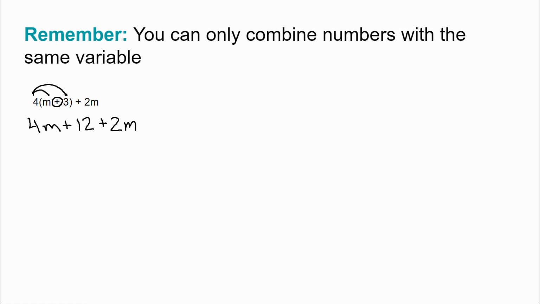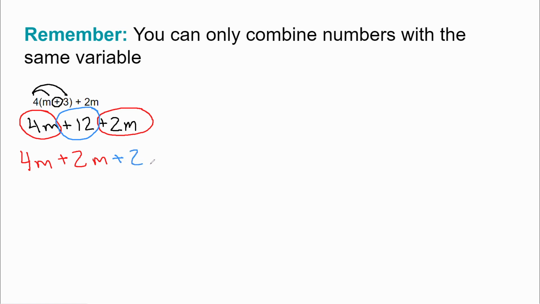Now we go through our same steps of combining like terms. We have 4m plus 2m. We write those together, 4m plus 2m. And then we have our plus 12.